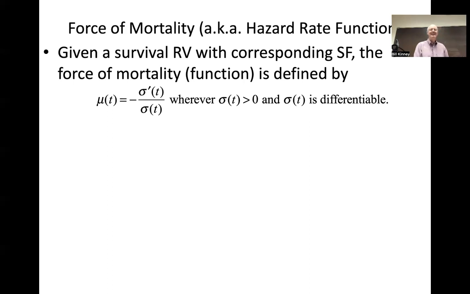And the notation mu of t is pretty standard. But it's not a mean. So it's unfortunate that we're using sigma and mu in these contexts to stand for survival function and force of mortality, when sigma and mu in statistics also mean standard deviation and mean.